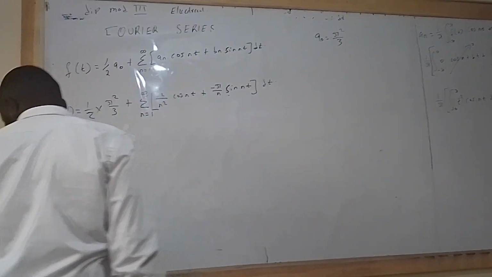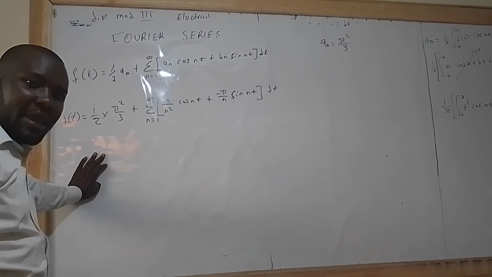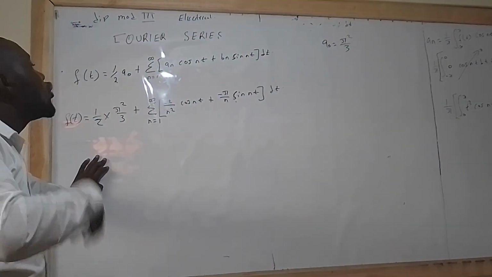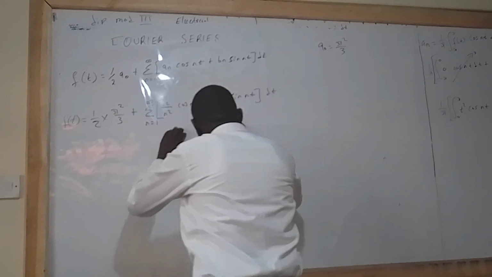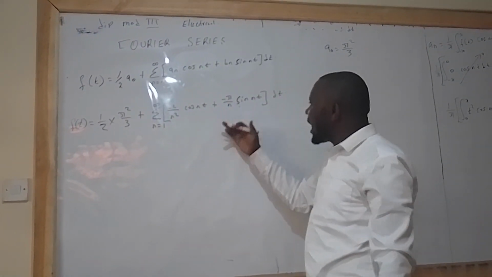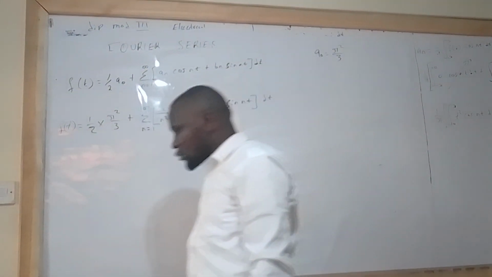So, you can leave your answer here, or you can continue. If you don't have time, if you leave your answer here, you will still have your full marks. But you need to continue.